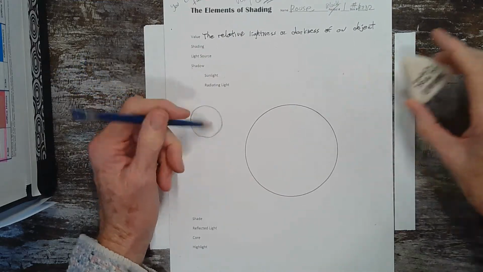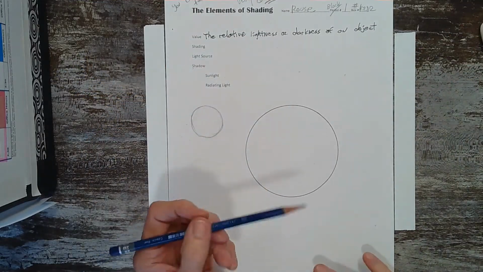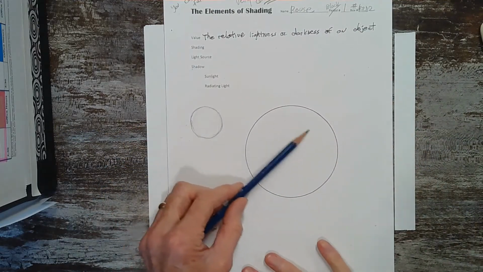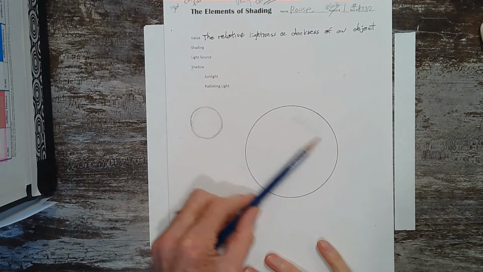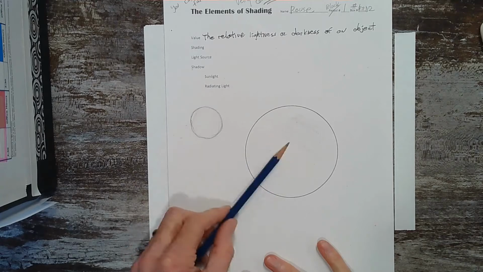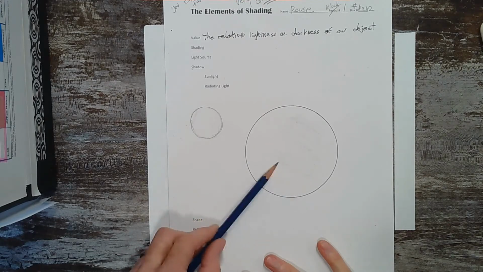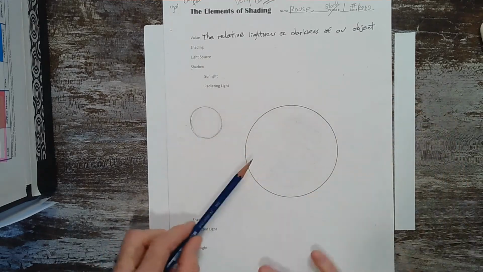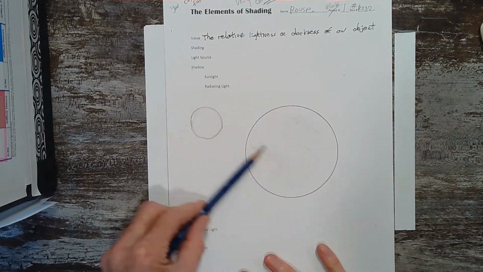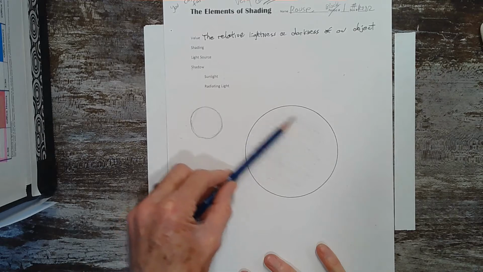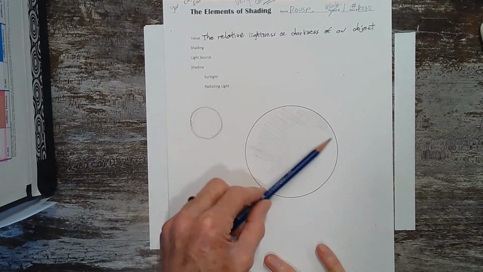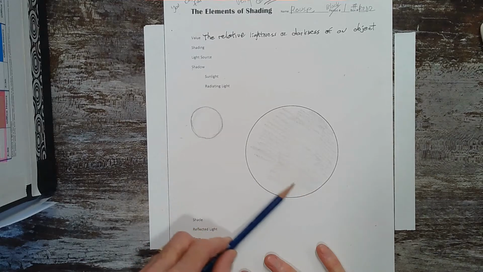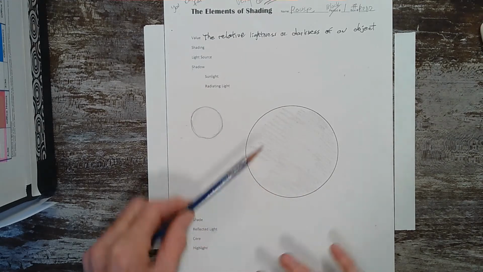So the first step we're going to take is we're going to add a value to this. How light or dark is it? We're going to pretend we're drawing a red rubber ball, so we want to add a nice smooth value. We don't want a whole bunch of texture. So I'm using the side of my 2B pencil first. If you have a preferred way of doing this, you can do it slightly differently, but we're going to add in some lights and darks, so you want it nice and smooth and flat.